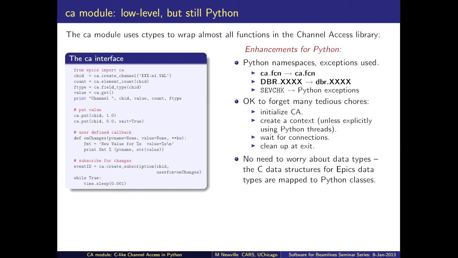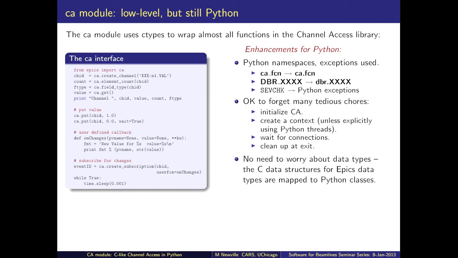We can go off on other tangents. And so then this looks a lot like the C channel access calls. There's a little bit of translation of namespaces, and some of the stuff like initializing CA and creating a context can be done automatically. They're done automatically if you forget them.